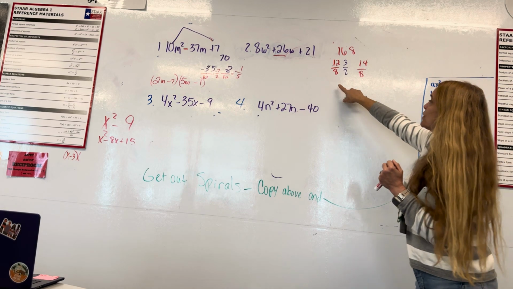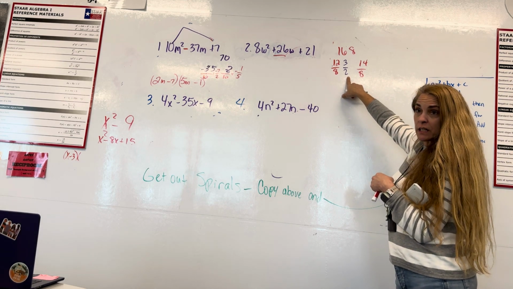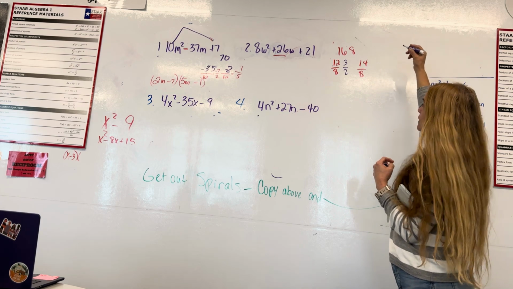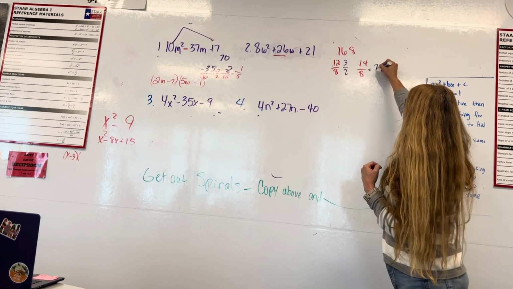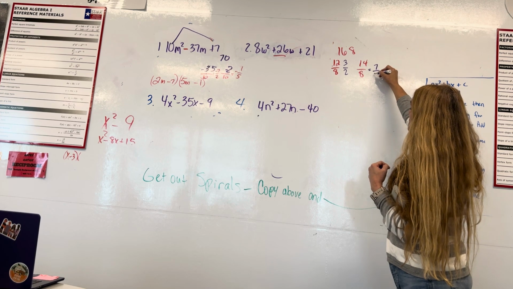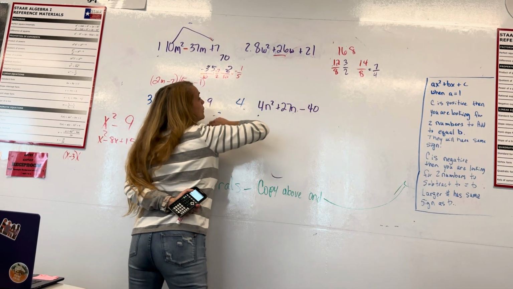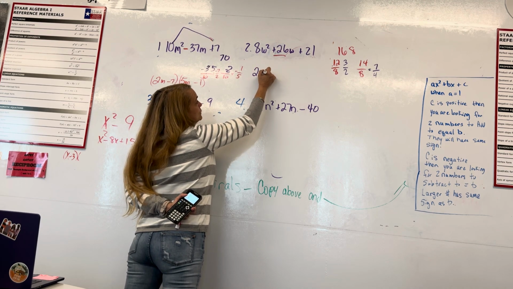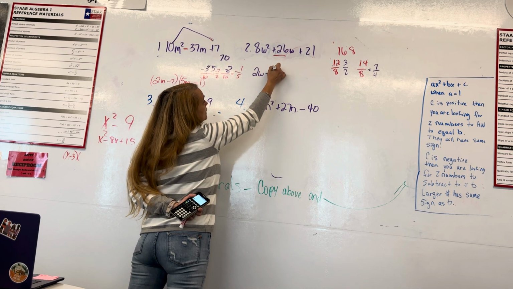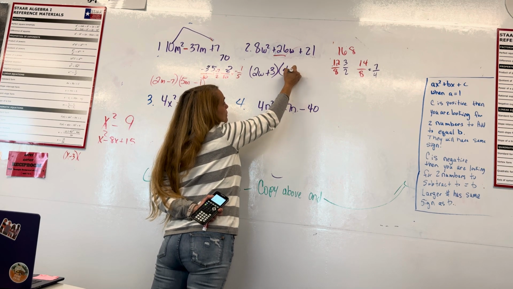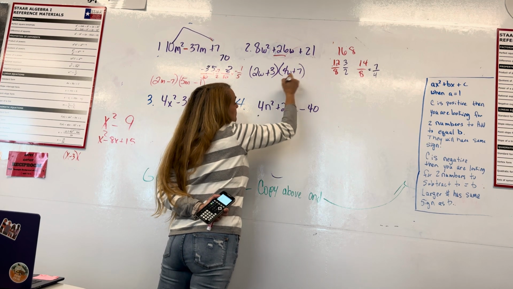And of course, if you reduce and it can be reduced again, reduce again. So 14 divided by 2 is 7, and 8 divided by 2 is 4. So the denominator goes out front, so 2w plus 3, and 4w plus 7.